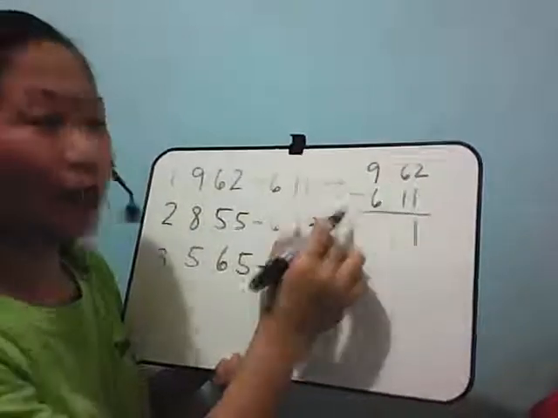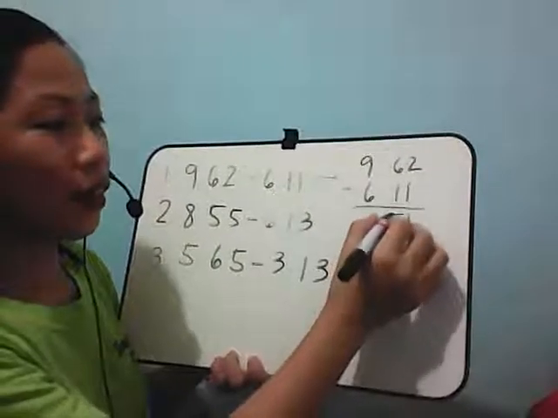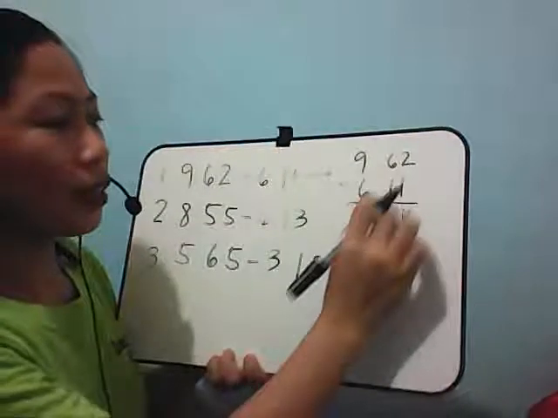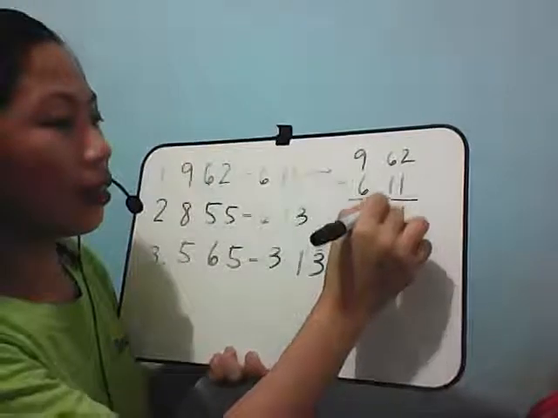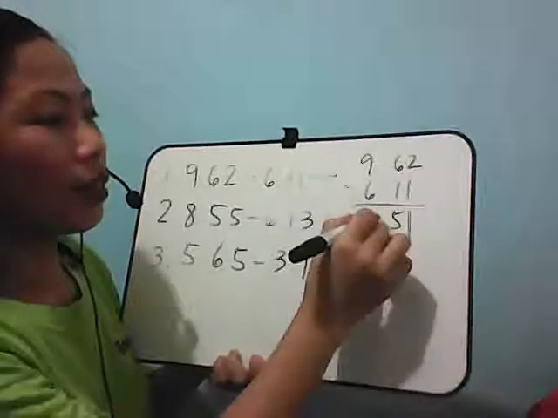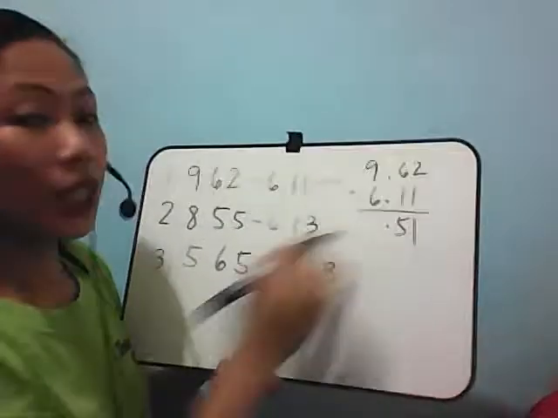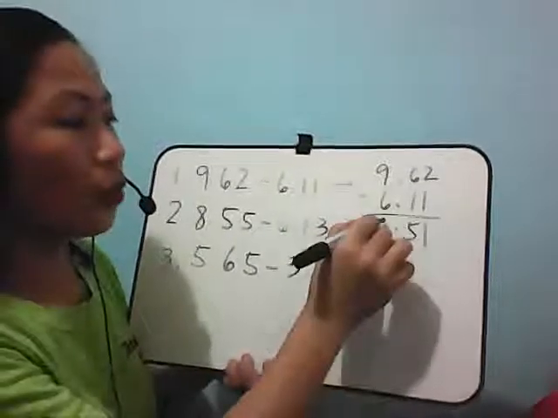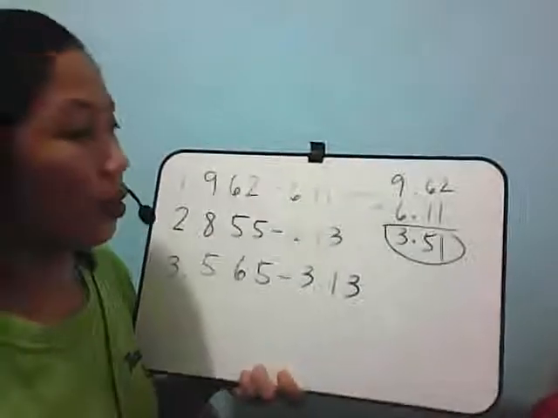Then, decimal point here. 9 minus 6 is equals to 3. Then, this is our answer.